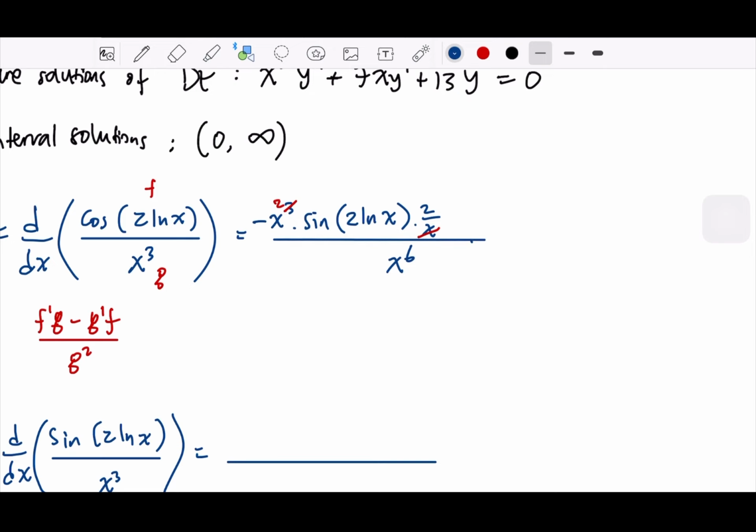Wait, let me just write again. Wait, this is interesting. Okay, minus, forgot to write this: 3x squared cosine 2 ln x.